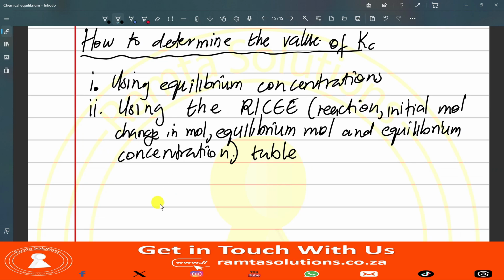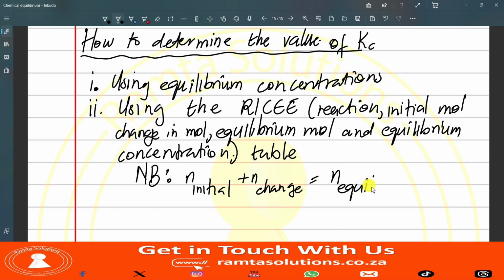Right? So now under the RICEE table, note the following. You need to know this: initial mole plus change in mole is equal to equilibrium mole.